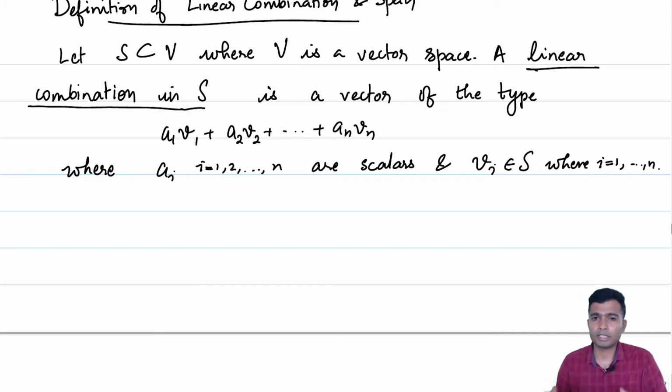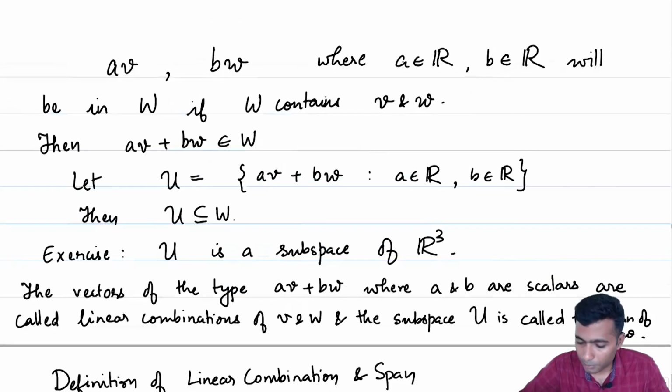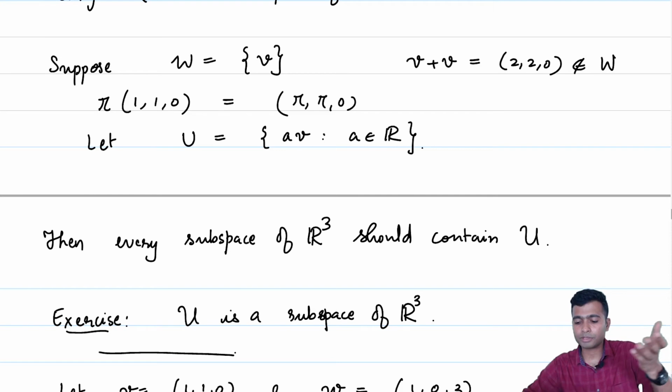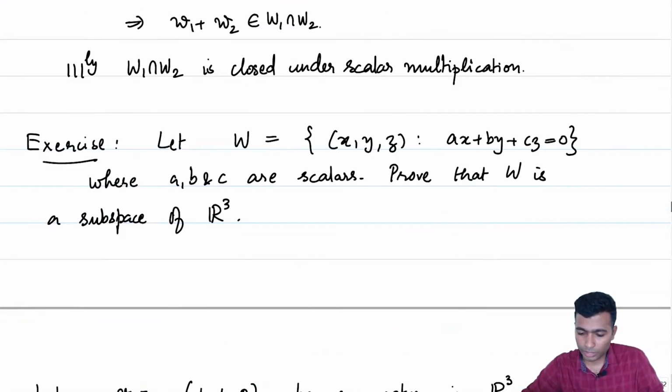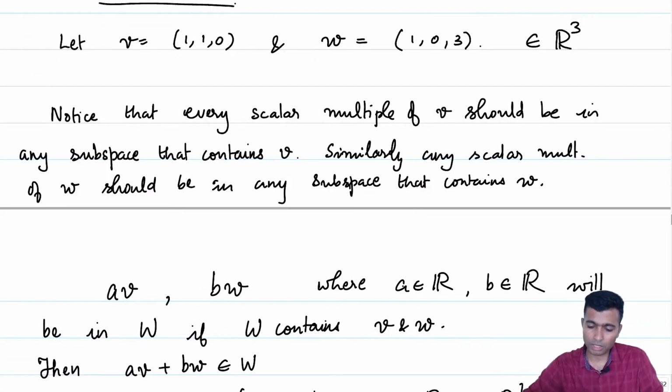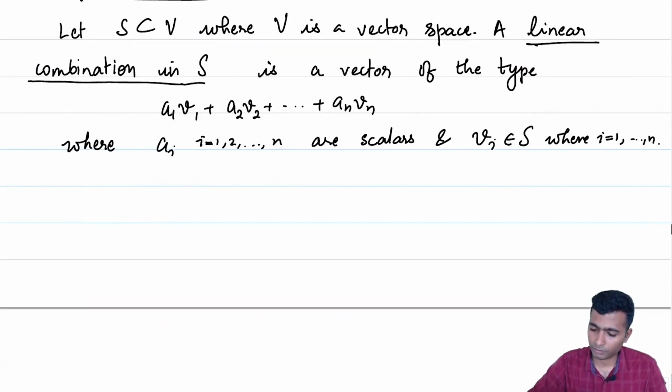Such an element, such a vector is called a linear combination in S. So if you come up to this example, where is the vector? Here it is. 2 times V plus 3 times W is an example of a linear combination of V and W, or pi times V plus E times W is a linear combination of V and W. Alright.